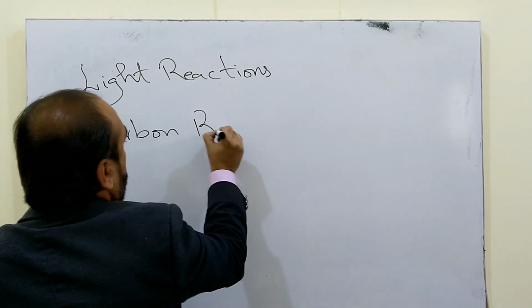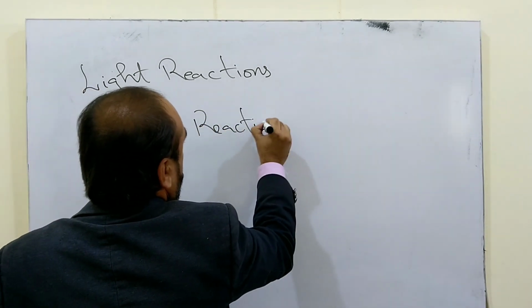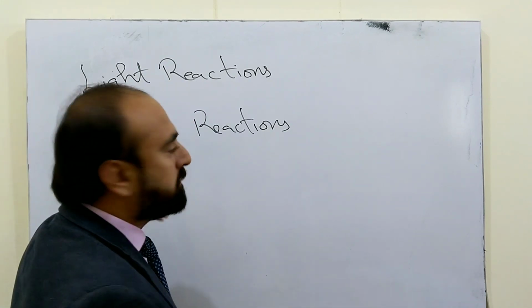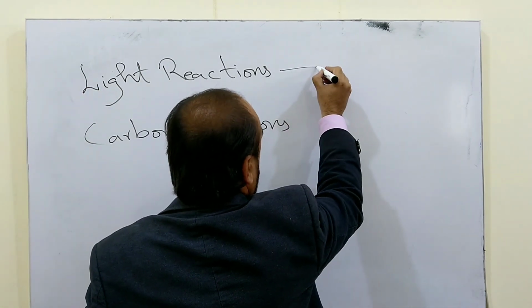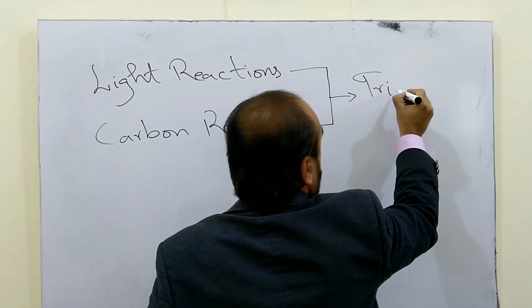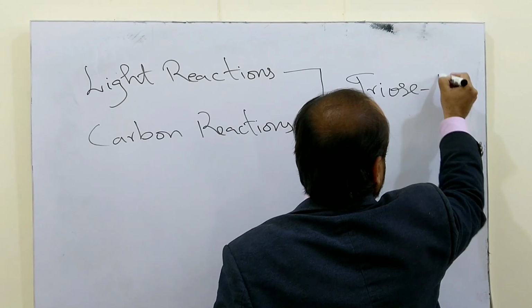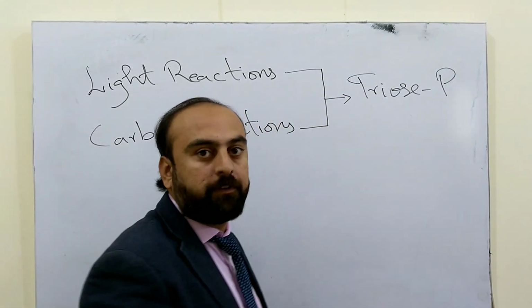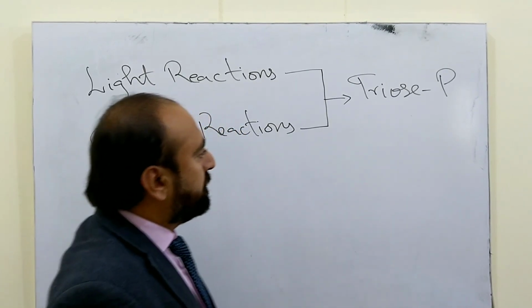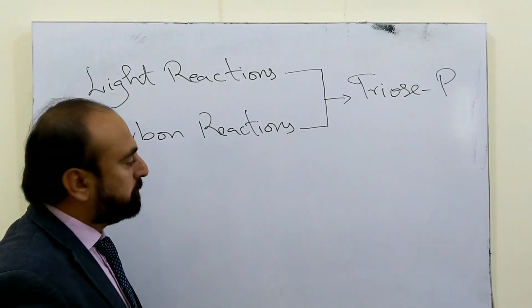So now we have two sets of reactions, light reactions and carbon reactions, which work together to synthesize 3 carbon sugars or triose phosphates. This triose phosphate has 3 fates.